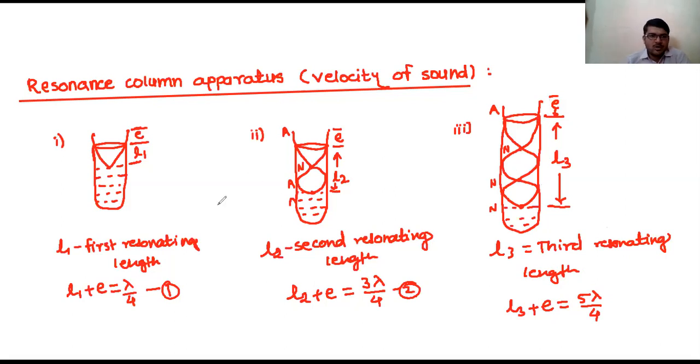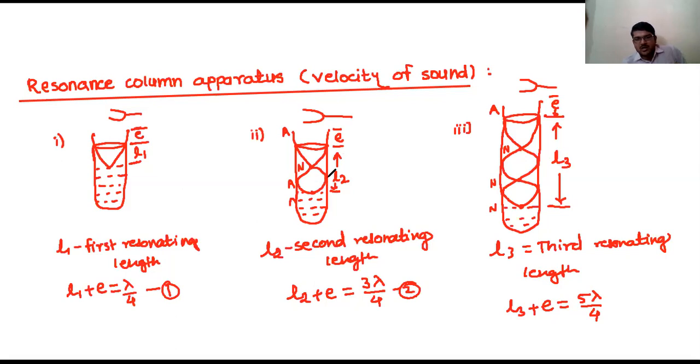So one more time, listen. In every diagram you can draw one tuning fork, because we have to take one tuning fork of a particular frequency for finding the resonating length. So in the first case, the first resonating length from the water level to the end of the pipe is L1, and from this to this is end correction.